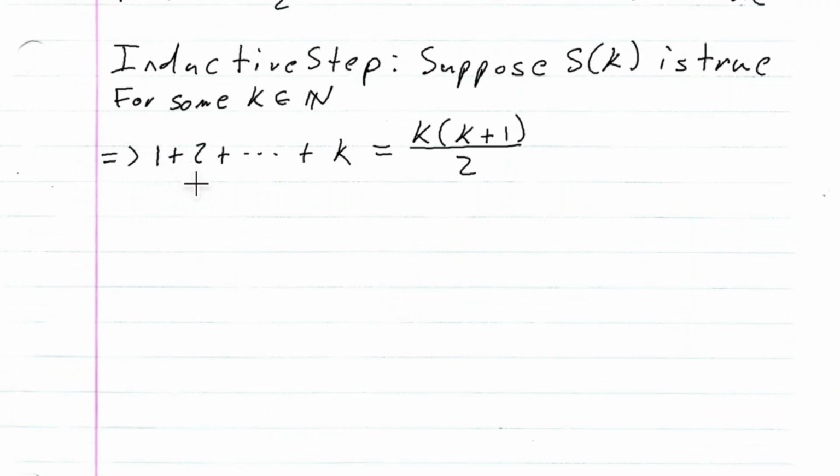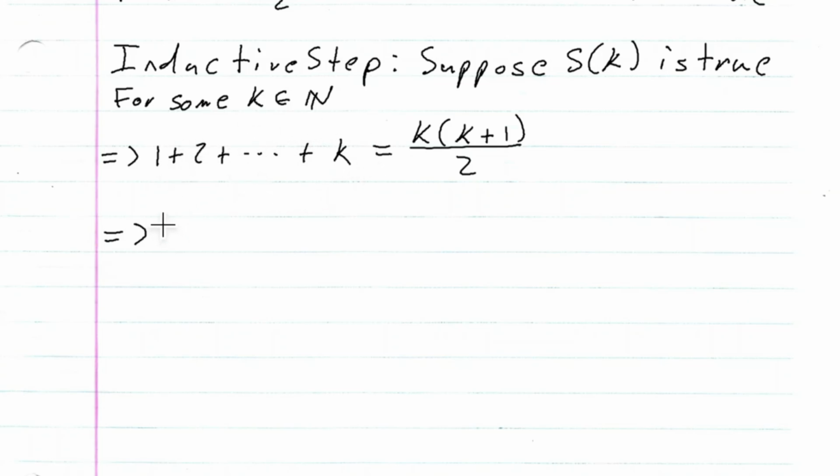So our goal, right, is to show that 1 plus 2 plus dot dot dot plus k plus the next natural number, which would be k plus 1, is equal to the formula if we plug in k plus 1. So that sum up to k plus 1 is equal to k plus 1 times k plus 1 plus 1 over 2. So we have this from our assumption. Now we're going to try to get S of k plus 1.